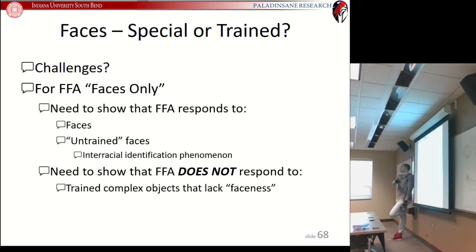As you can see, just from the example that we saw, that would be massively difficult to do. But that is the kind of thing that would need to be done in order to show that it does not respond to trained complex objects. Train people on a complex object that has no faceness in it, and if the fusiform face area does not respond to that, that's a good indication that it's for faces only.